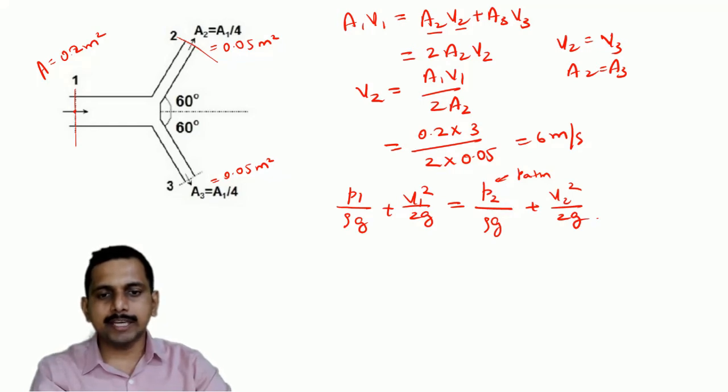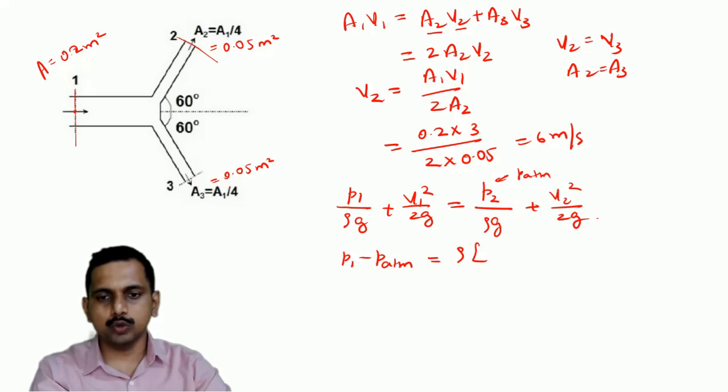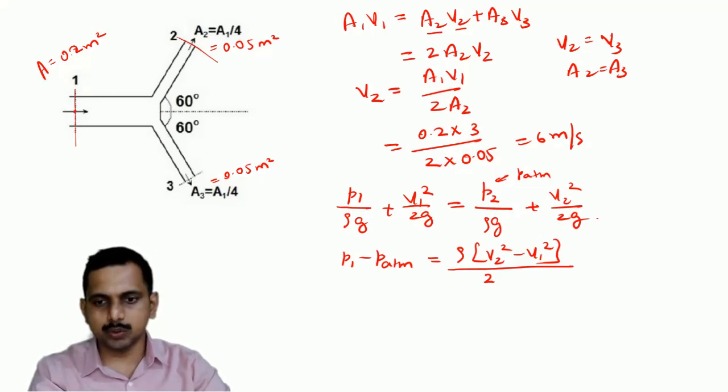Now when I say P1 in gauge, P1 minus P2, which is P atmospheric, will be equal to rho into V2 square minus V1 square divided by 2g. Rho g is there, so g cancels everywhere, giving rho by 2.